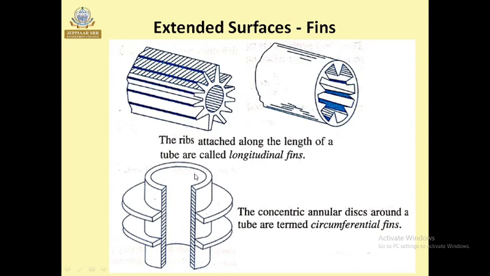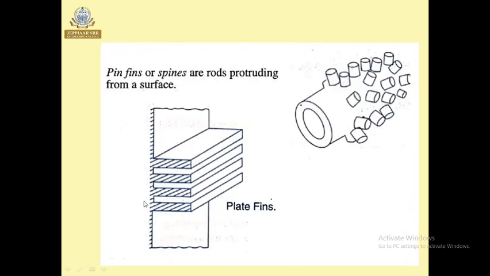Typical two-wheelers have this kind of fins; you can see them explicitly on two-wheelers. The third type of fin is called a pin fin, also called spines. Small rods protruding from the surface are called pin fins.